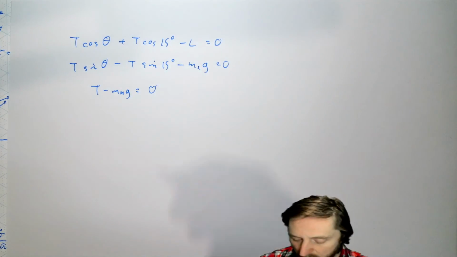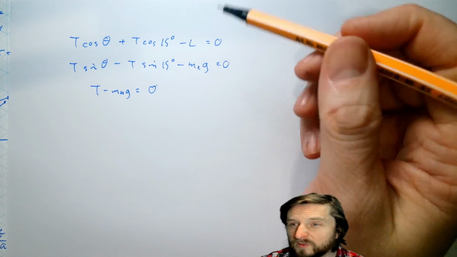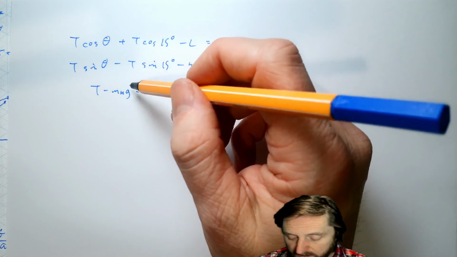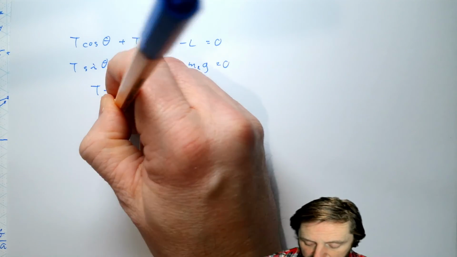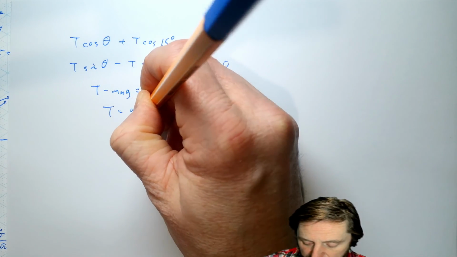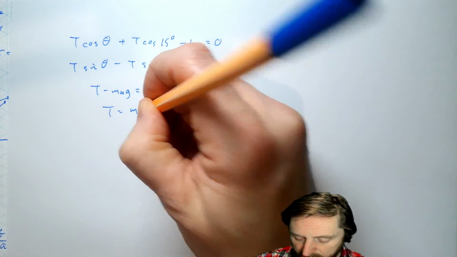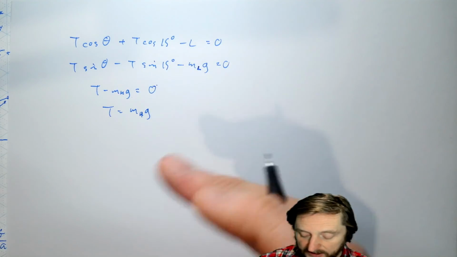So we can get rid of the T in these ones using this equation first. So T is m_H g. I'm sorry if my little subscripts aren't very clear there. L is the leg, and H is the hanger.